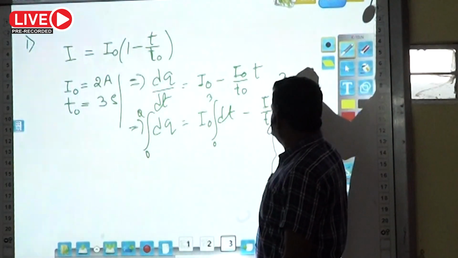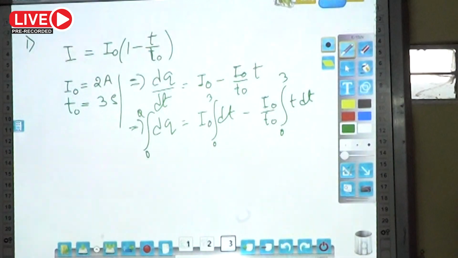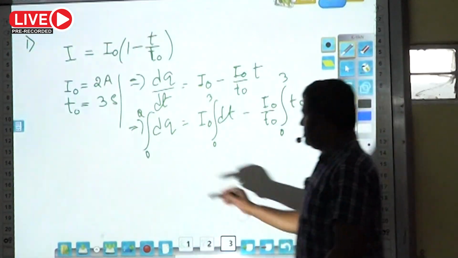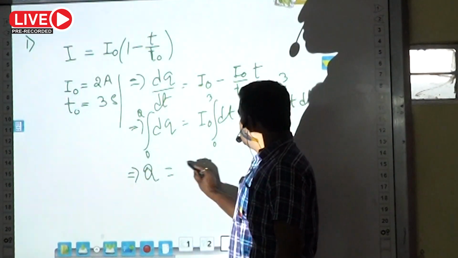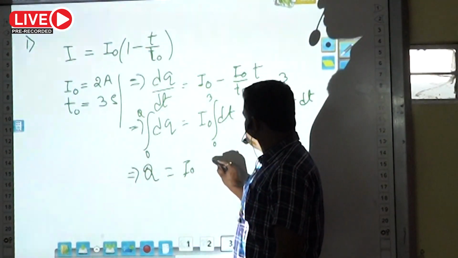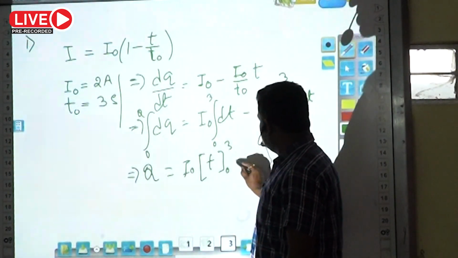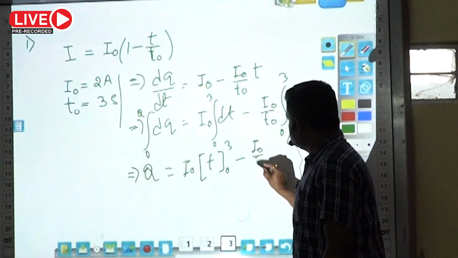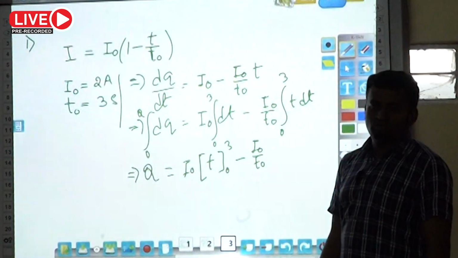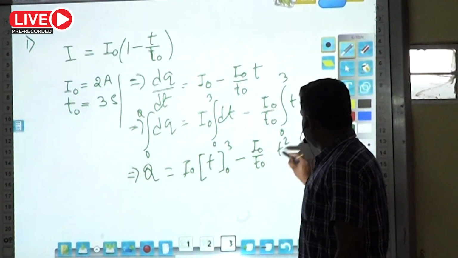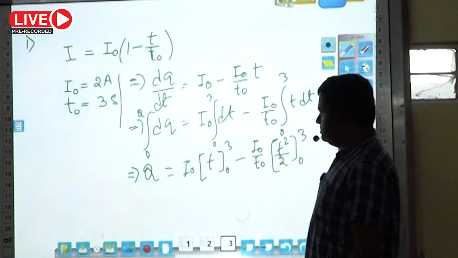Just straightforward integration. So you can write q as I naught, integration will give you t, limit from 0 to 3, minus I naught by T naught, this one will give you t square by 2, limit from 0 to 3.